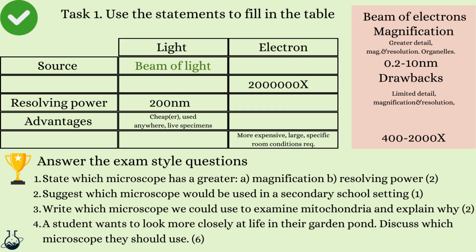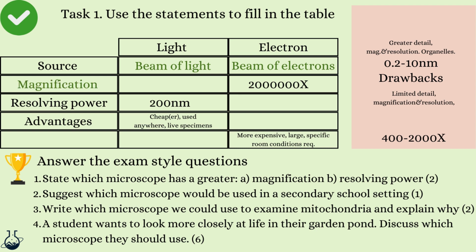So the source for light is a beam of light, and electrons for electron microscope. When we see unit of times, that indicates magnification, and light microscopes can magnify 400 to 2000 times. The resolving power of an electron microscope is 0.2 to 10 nanometers.